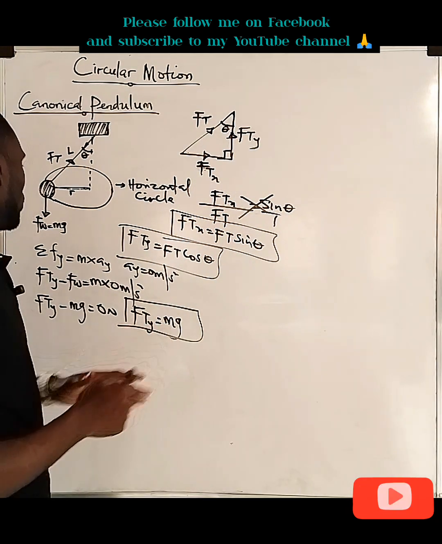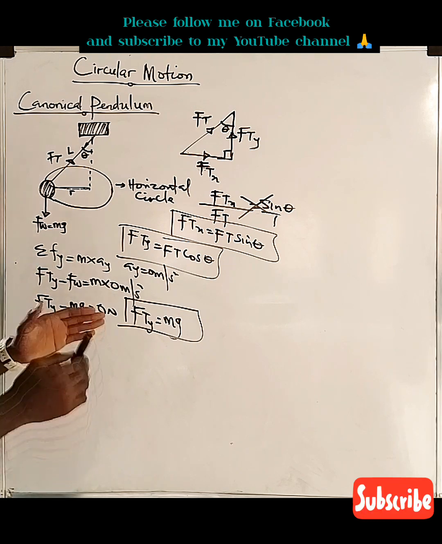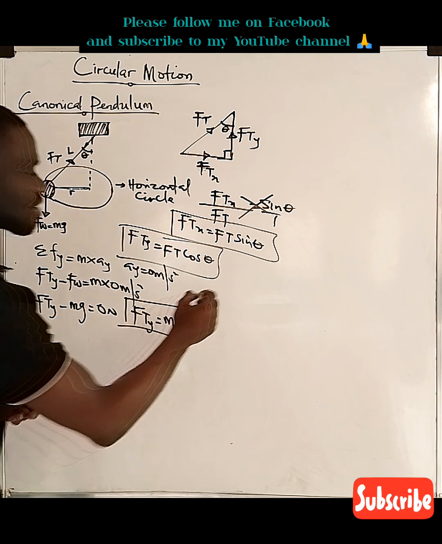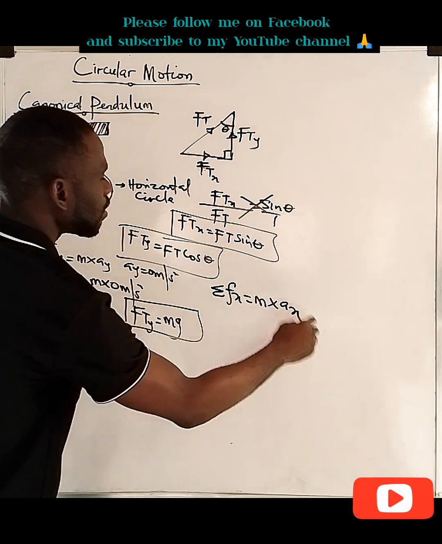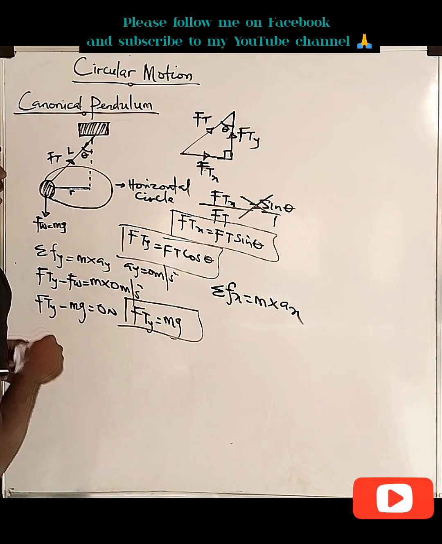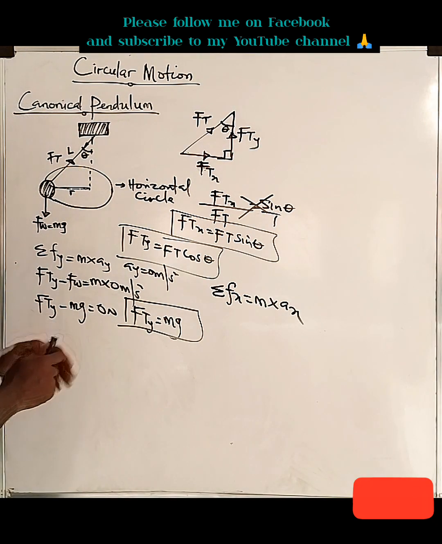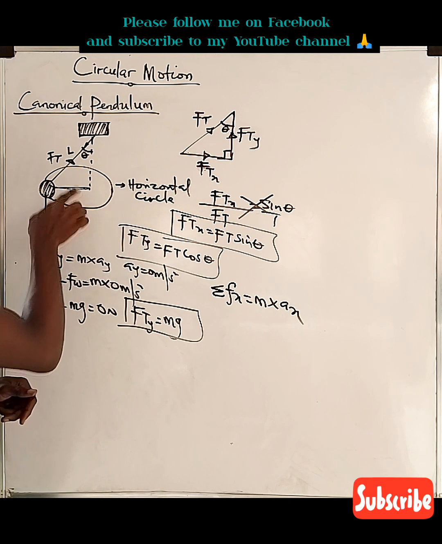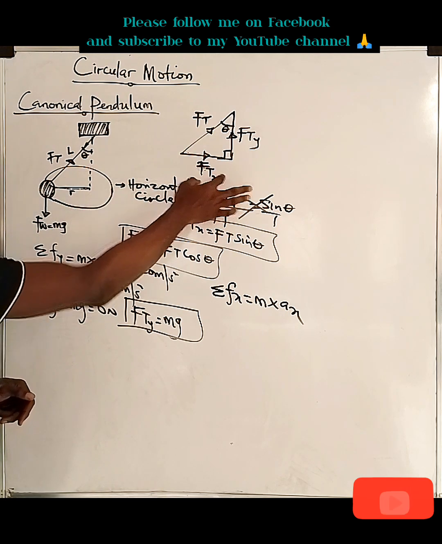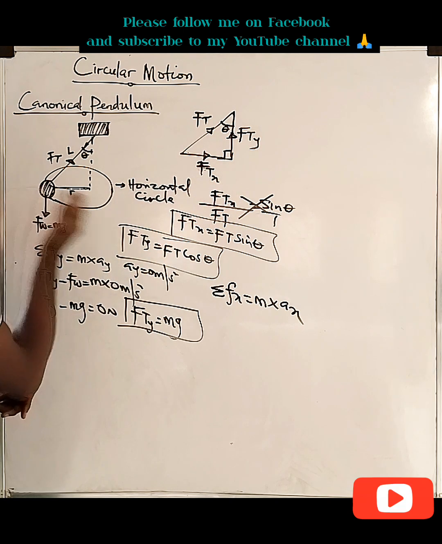So let us now look at the sum of forces along the x-axis. The sum of forces along the x-axis will give us mass times acceleration along the x-axis. The major force we have along the x-axis is just the tensional force along the x-axis. There's no other force here.